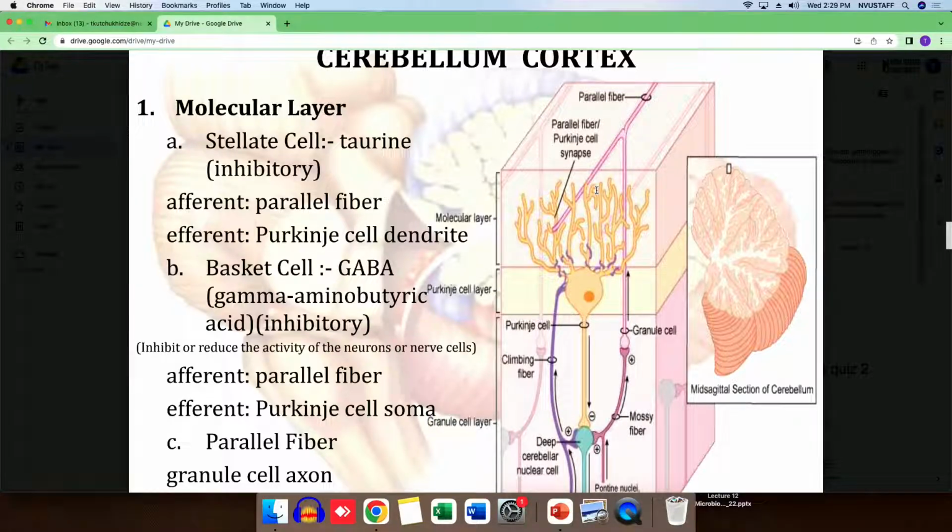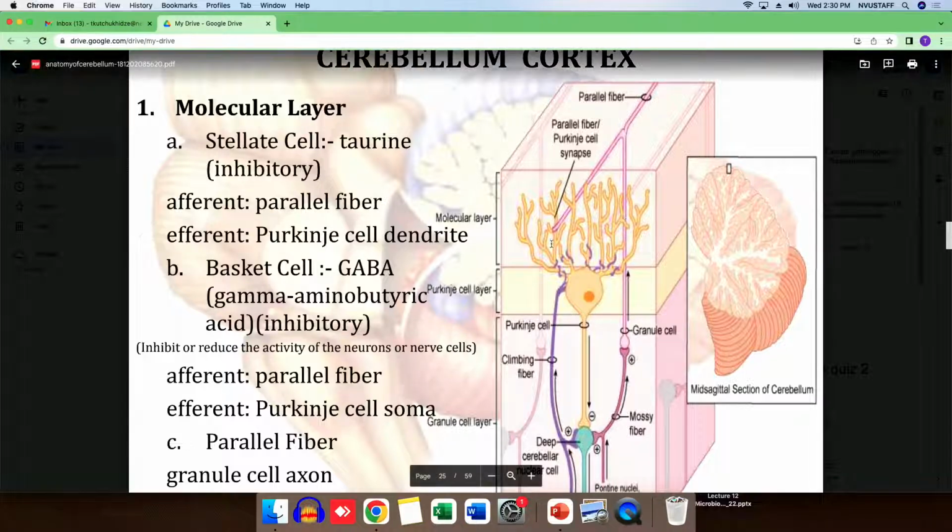How to remember that basket cells have GABA? You can pretend that a basket cell is our basket, and in the baskets we have GABAs, and that's how it is. So inhibitory, you know that it is for reduction of some kind of nervous impulse, right? For the GABA, we again have the parallel fibers and Purkinje cell stroma, and also Purkinje dendrites here.